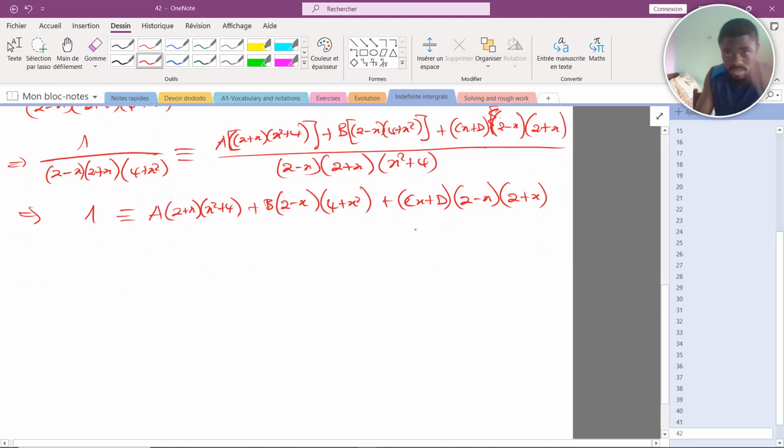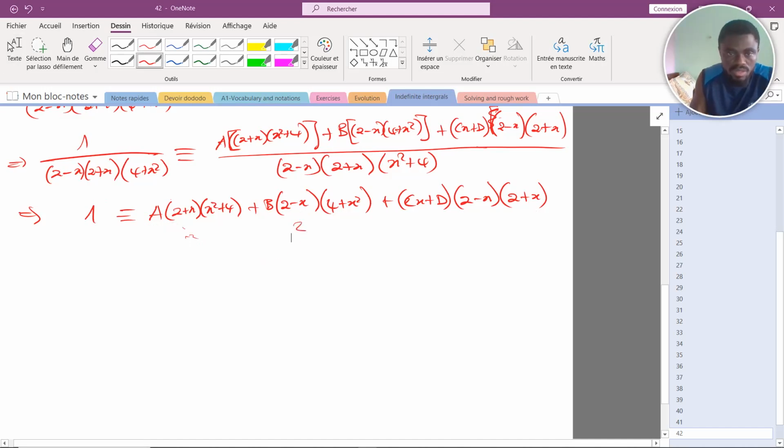Now look at something. Without even developing this, if I equate 2 plus x to 0, I will have minus 2, and if I equate 2 minus x to 0, I will have 2. You understand?